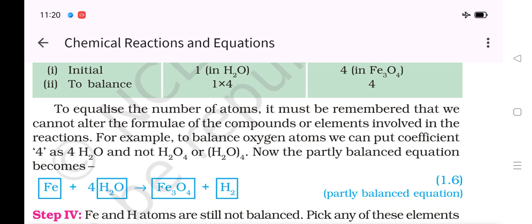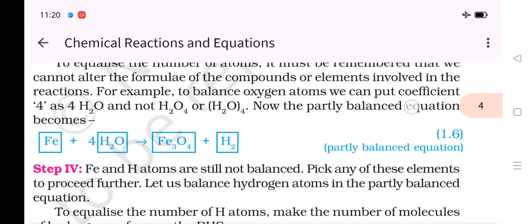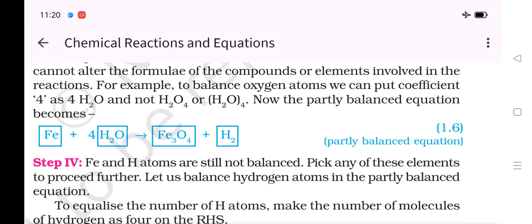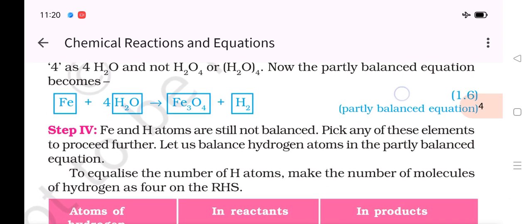For example, to balance oxygen atoms, we can put coefficient 4 as 4H2O and not H2O4 or H2(O)4. Now the partly balanced equation becomes Fe plus 4H2O gives Fe3O4 plus H2, 1.6, partly balanced.